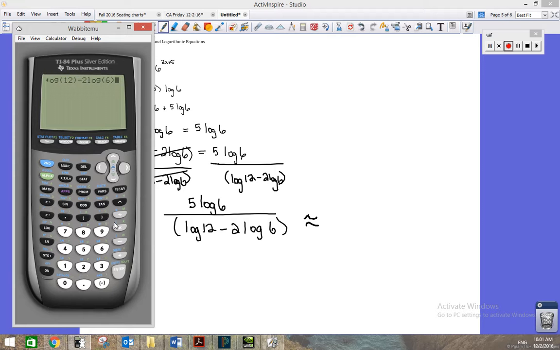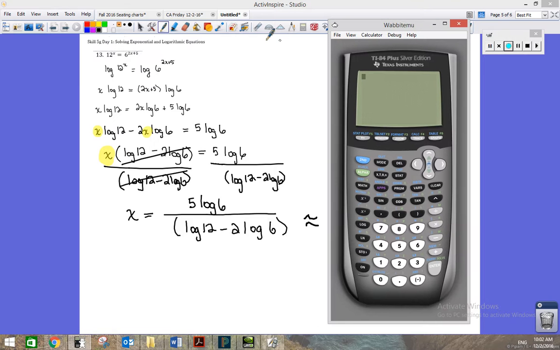Close that with the 6, then close it with the denominator, and I have this negative value. To 3 decimal places I have negative 8.155.